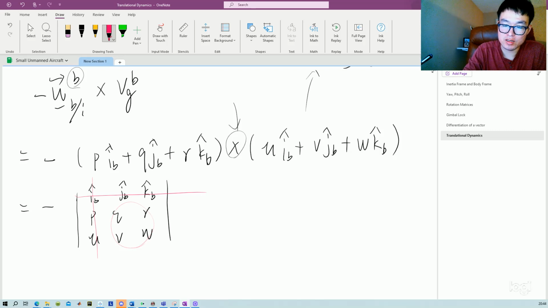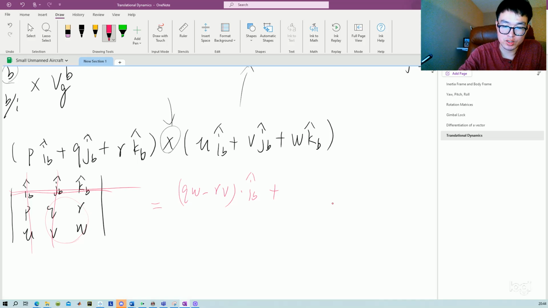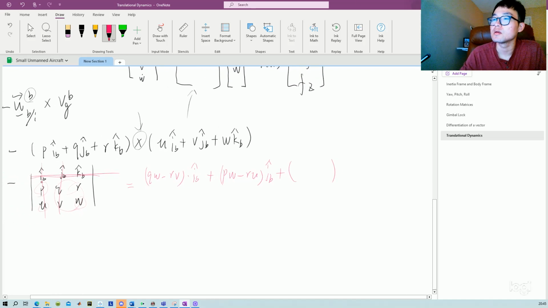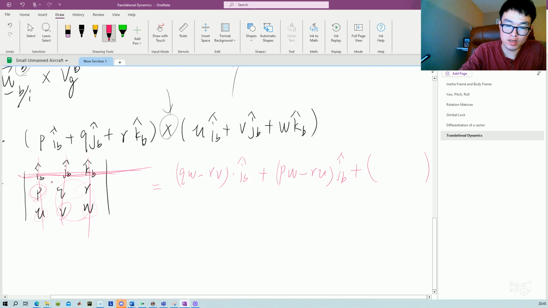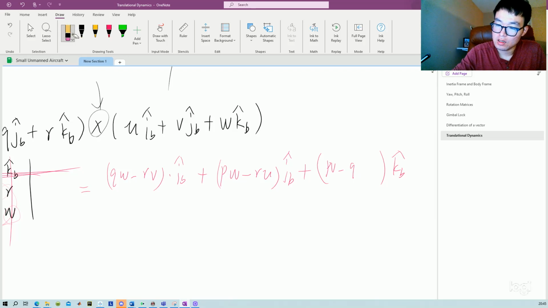You compute the determinant of the 2x2 matrix, which equals QW minus RV times iB hat. Then cross out the jB column: you have PW minus RU inside jB. Then for the last direction, cross that out, and you have PV minus QU times kB hat. There are different ways to achieve this result, but this is the easiest way.